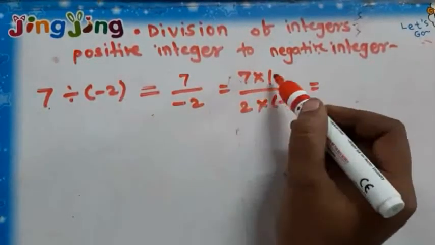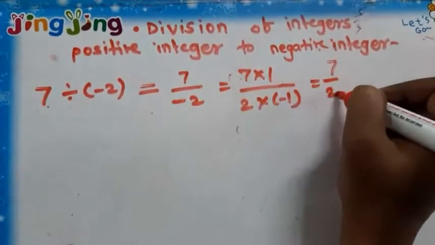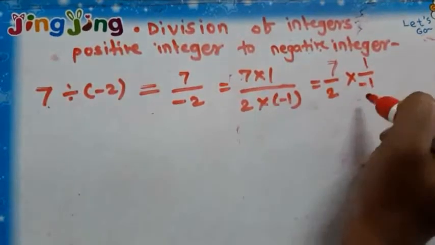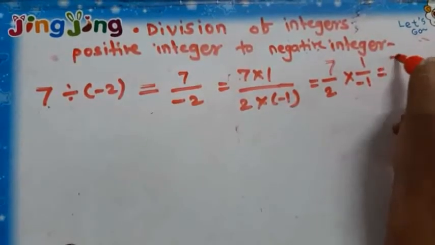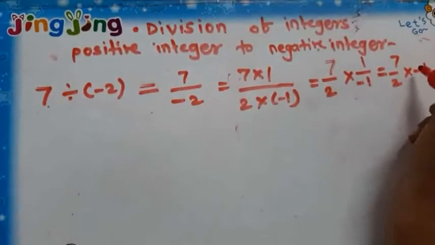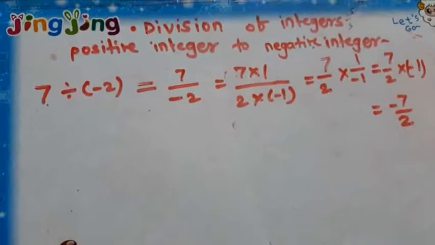Again I will separate this. It can be written as 7 divided by 2 into 1 divided by minus 1. So it will be 7 divided by 2 into minus 1. So answer will be minus 7 divided by 2.